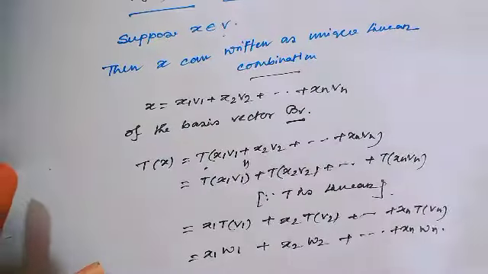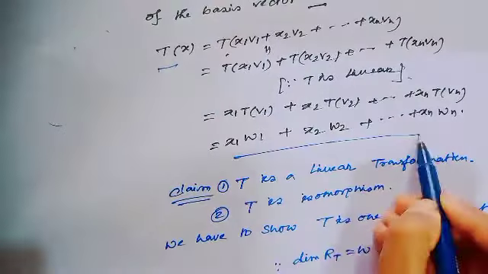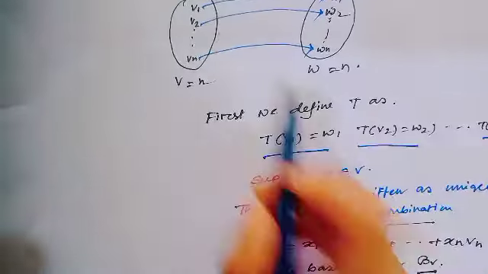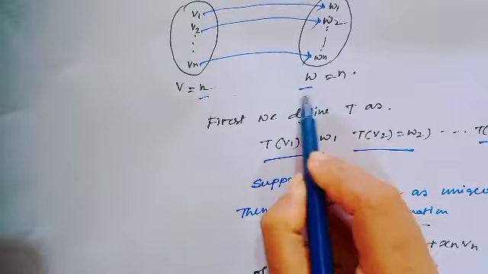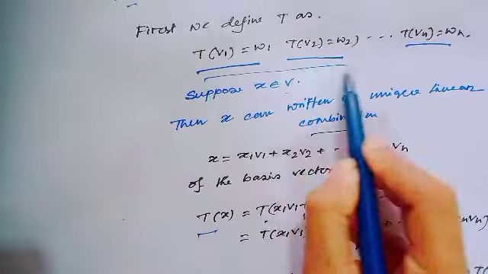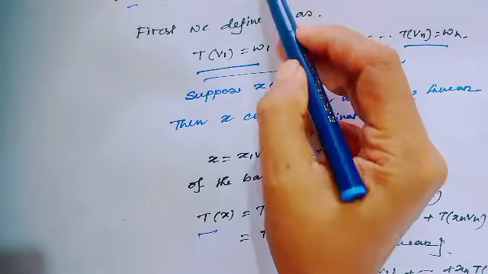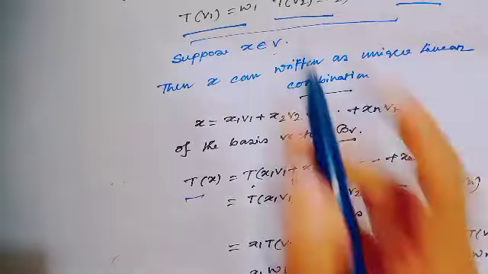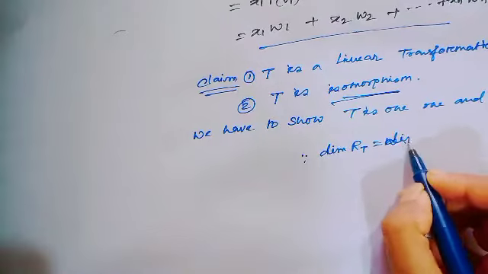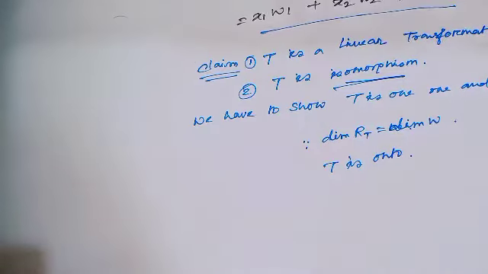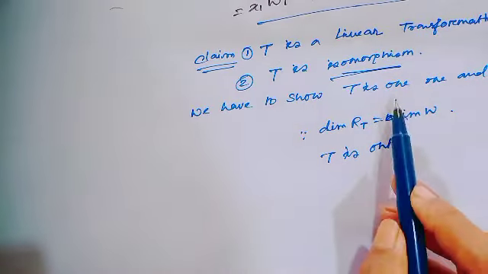Obviously this transformation is a linear transformation and this is an isomorphism because here the dimension of V equals the dimension of W, and the dimension of range T, since this is a basis of W, obviously would be the same as the dimension of W. So obviously T is onto, and since T is onto, the mapping is one-one.